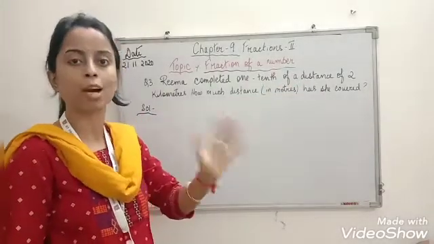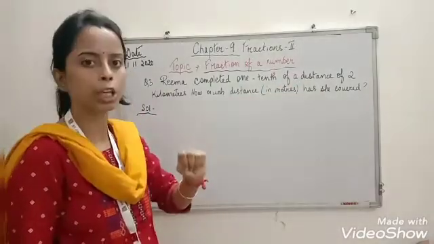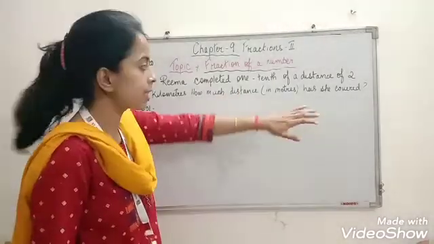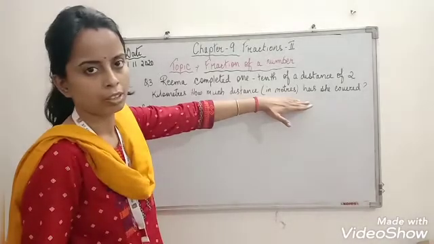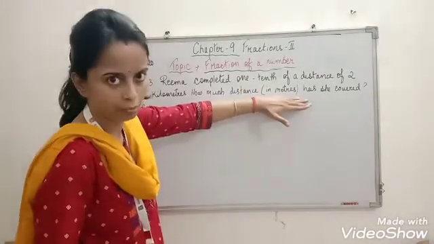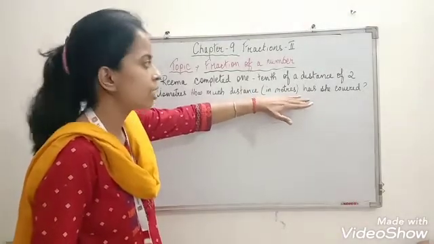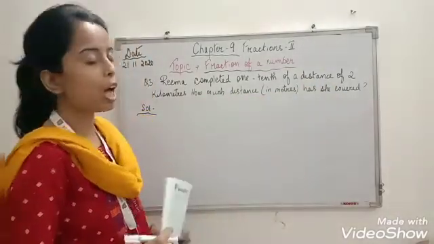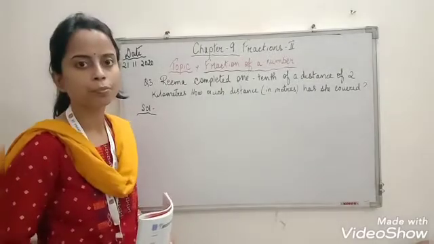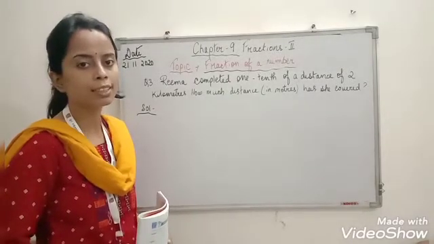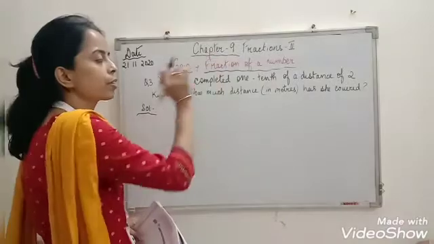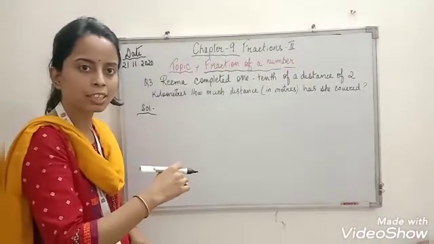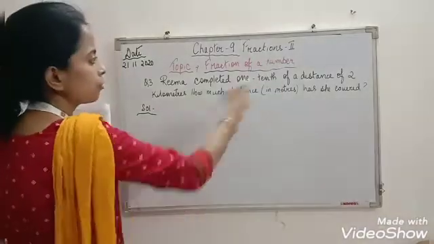She has completed 1/10 of 2 kilometers. The question is asking how much distance in meters. You have to find it in meters. That is a conversion part. So how are you going to find out, children? Yes? So the same concept you have to apply, as I have already told you. So let's see how to find this out.